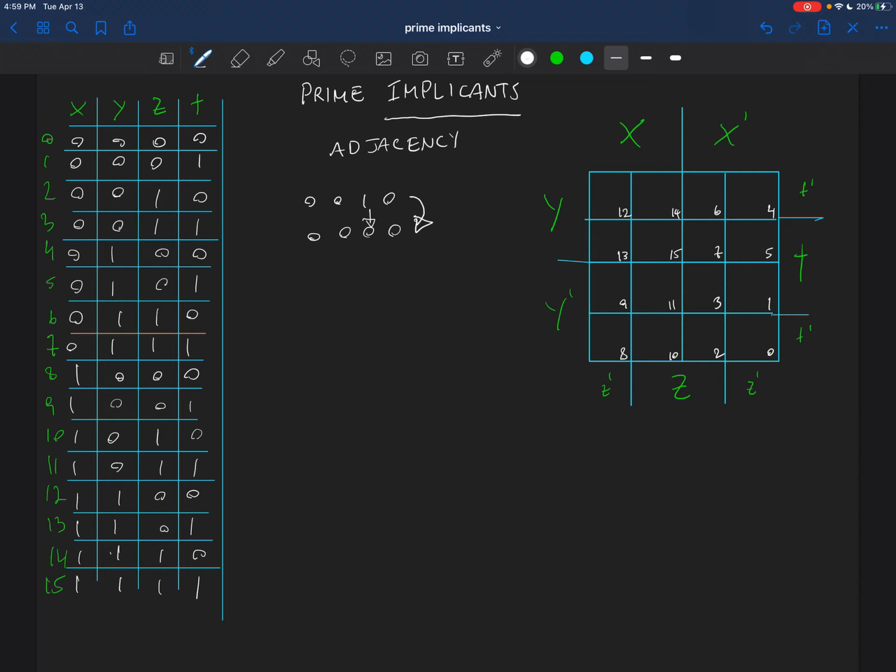That means it's adjacent. What would not be adjacent, for example, would be this example where you have to change a 0 to a 1 and another 0 to a 1. That's two changes, not adjacent. Now, for me, it's tricky when we have something crossed.